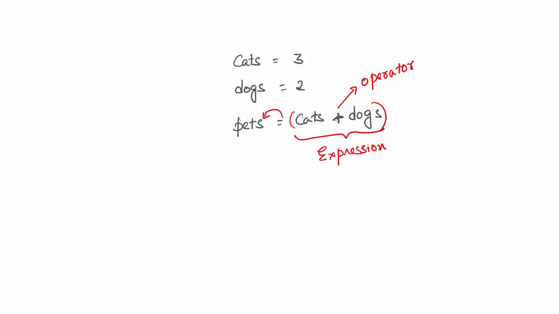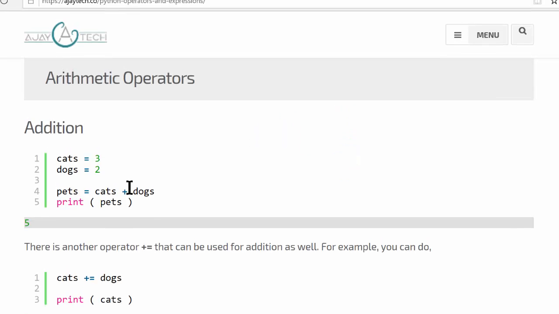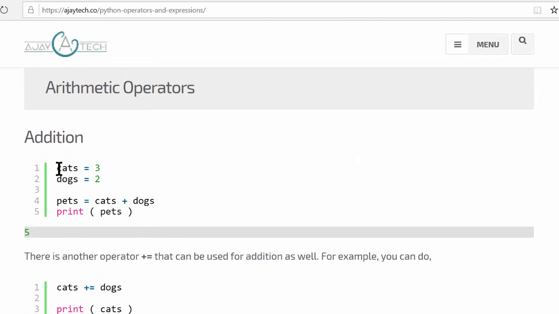Let's see some examples. So here is a simple example that we talked about. You have three cats at your home and you assign it to variable cats. Cats equals 3. And then we have two dogs. So we say dogs equals 2. And the total number of pets that you have is pets equals cats plus dogs.